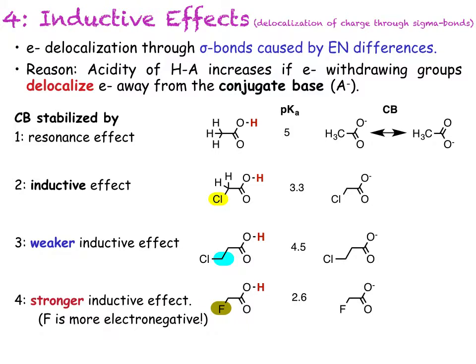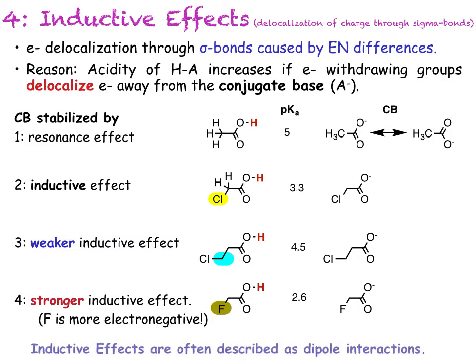That fluorine has a stronger dipole, has a stronger electronegativity, and therefore it's going to be pulling electron density more in its direction. This is one way to look at it. There's a second way I'll talk about, but in each of these cases, we have an electronegative atom pulling electron density away from the carboxylate, making it more stable, and therefore the acid is more acidic.